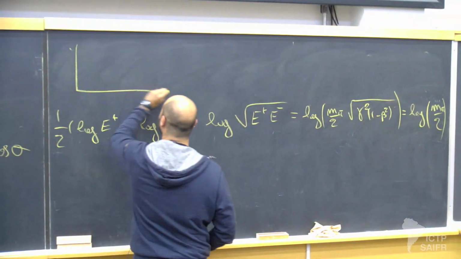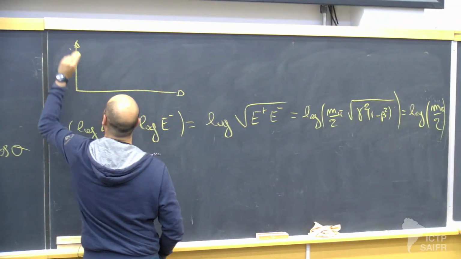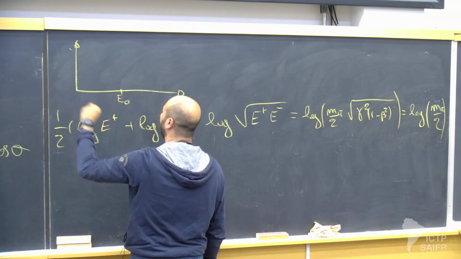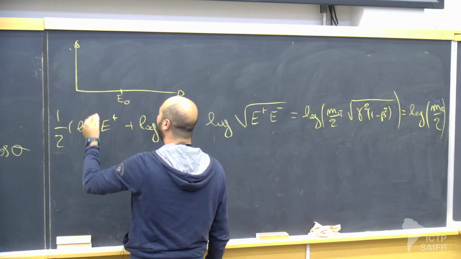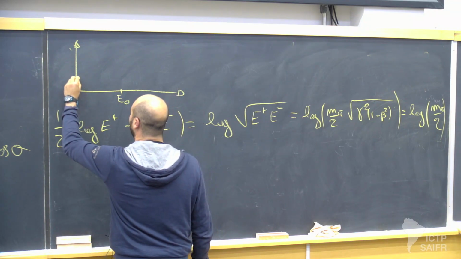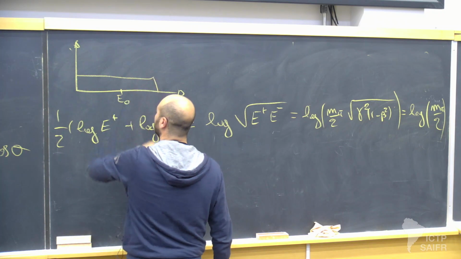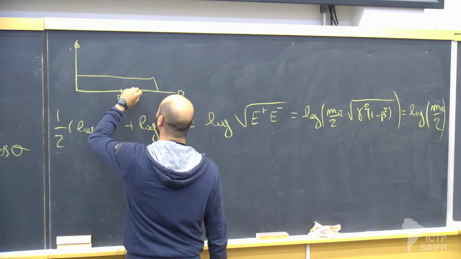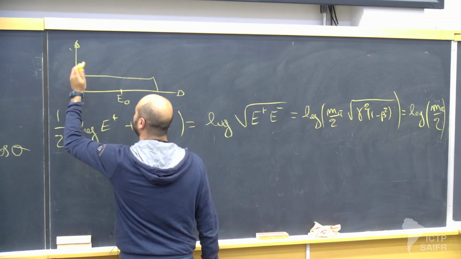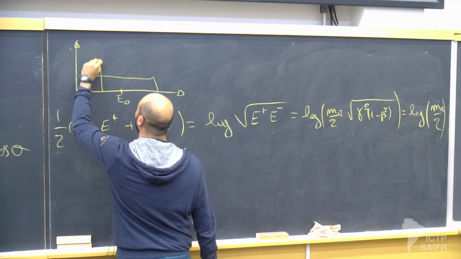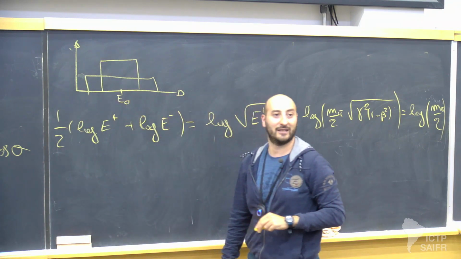In energy space, this is E0, half the pion mass. A pion moving at a certain velocity will have this thing. Another one will have this thing. Another one will have this spectrum, etc., etc.